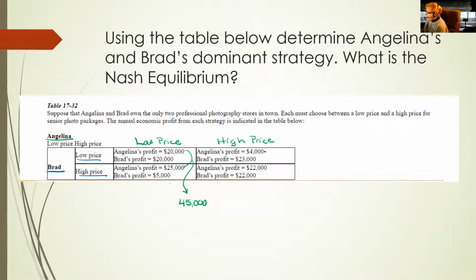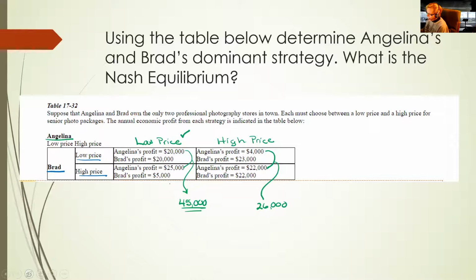And here is $4,000 and $22,000. Add those two together, and under her high price, the profit would be $26,000. Well, $45,000 is greater than $26,000, so therefore Angelina will choose the low price.